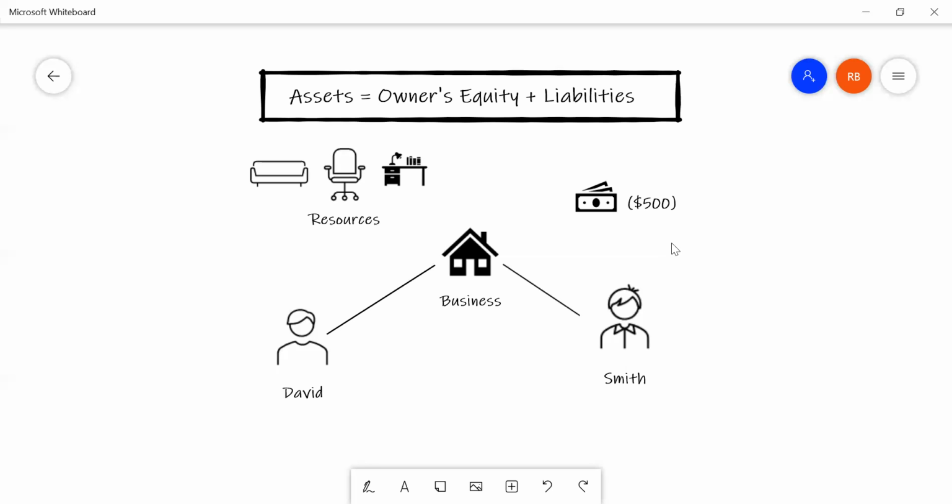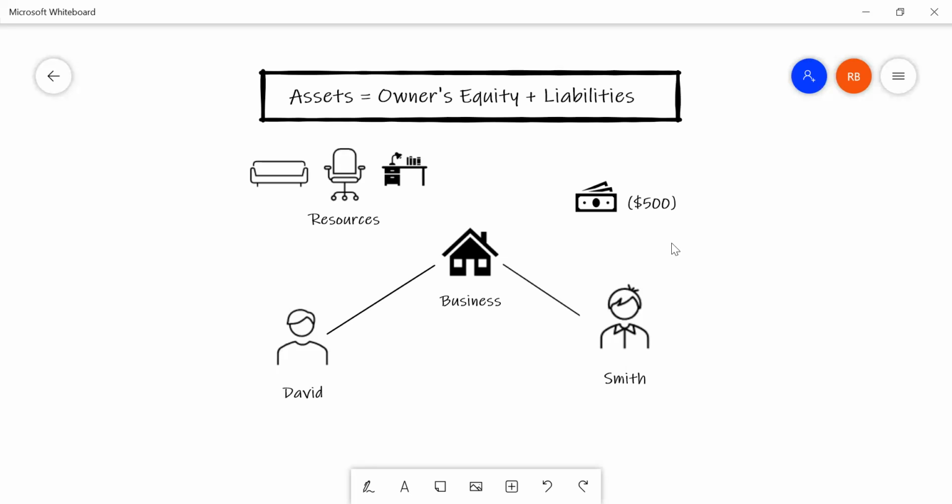He is not giving money for free, right? So the business has to pay Smith on a future day. That means there is a present obligation between David's business and Smith, because David's business has to pay that amount to Smith on a future day.